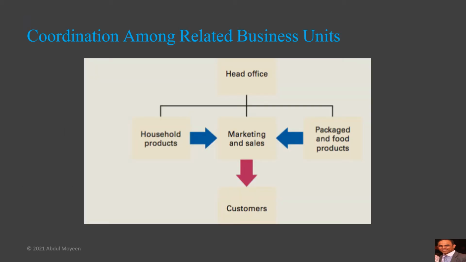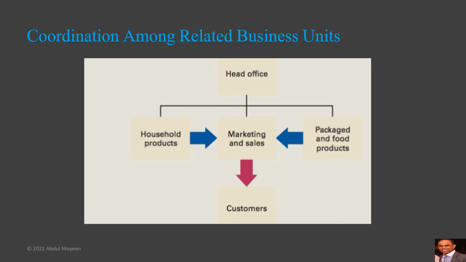This figure shows the coordination among related business units. These are related, so the cost would be a little bit less here. You see, we have two units. One is making household products, another is making packaged food products, and the marketing and sales functions are being shared by these two companies.